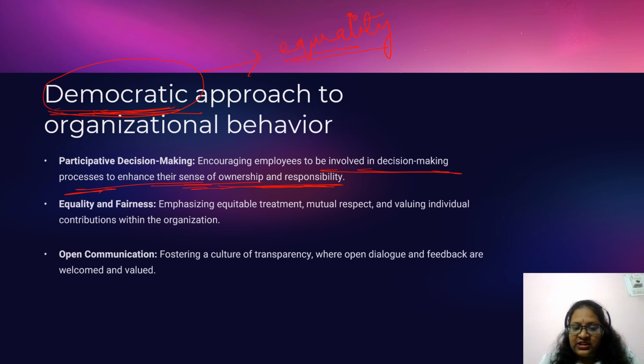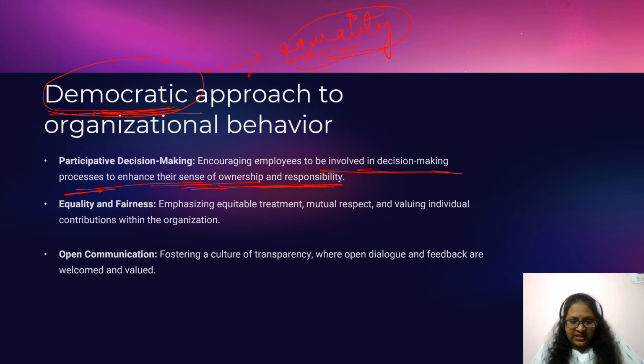Now when in an organization we treat a human equally, and when we give him the right to take part in decision making, it is easier for him to be involved and have innovative ideas in it. He doesn't feel low there. So it's very important to maintain this equality in an organization.